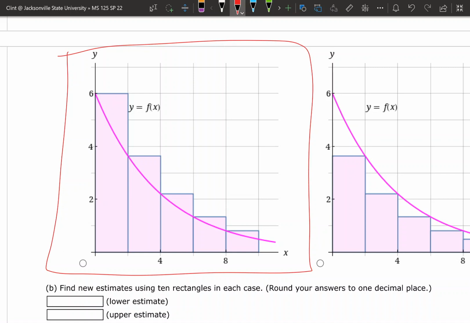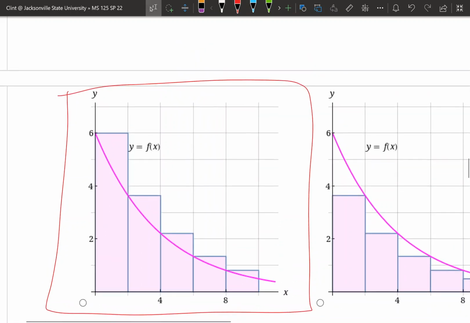Okay. So let's see. Again, each one's 2 wide. The first one looks like it's right at 6. The second one's 3 point something. What do you want to call it? Right here. Okay.